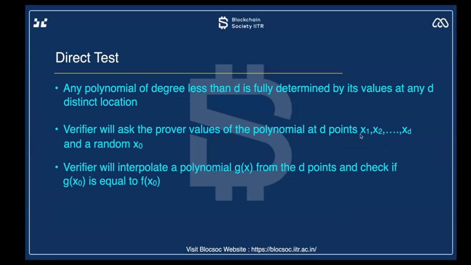So he will generate some distinct points x1 to xd and a random x0 point, and he will provide these d plus 1 points to the prover. Then the prover will provide the values of f, cp of x1, cp of x2 and cp of x0 to the verifier.